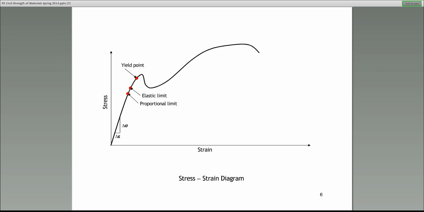I think you know what I'm talking about, the double kink in this area. All right? And the yield point is where the material yields. You may ask, what does it mean when you say the material yields? In order to answer that question, I would like to go to the next slide.